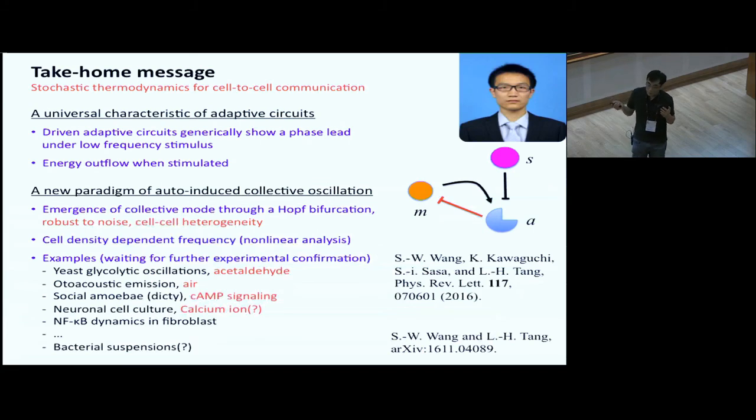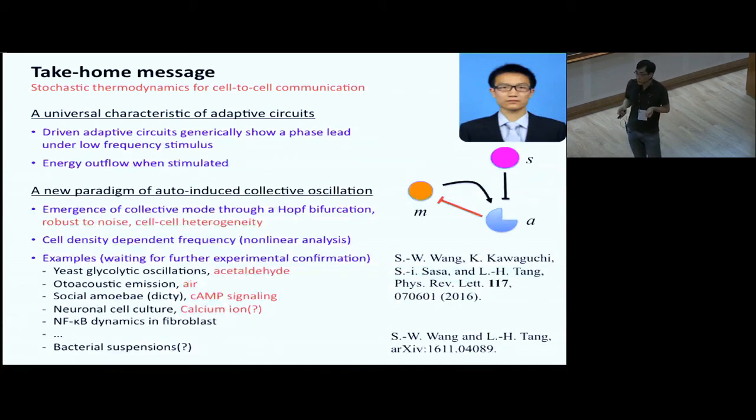And then, using arguments from non-equilibrium thermodynamics, you can show that this phase lead actually corresponds to the cell doing work on the environment. Once you realize that, you can easily imagine that because these cells are pushing the environment at least in some frequency range, this can lead to this auto-induced oscillatory phenomenon.